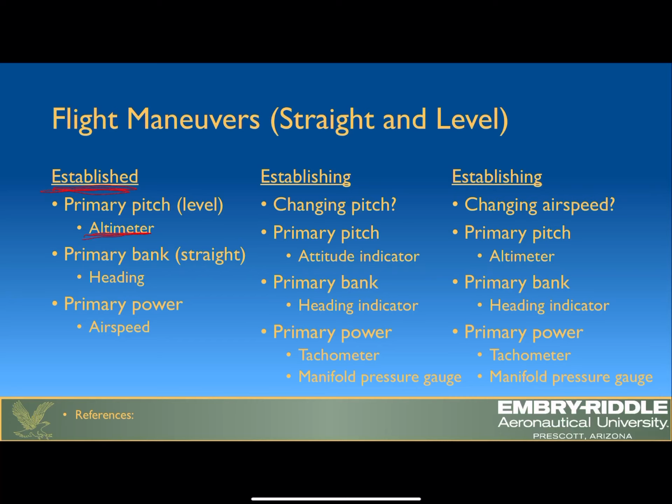If I'm flying straight and level, it is always going to be different with our attitude indicator, because if we think back, all the way back to aerodynamics, if I want to maintain altitude at a given airspeed, our pitch attitude is always going to be different depending on airspeed. If I'm flying slow, I might have a higher pitch attitude. If I'm flying fast, I'm going to have a lower pitch attitude.